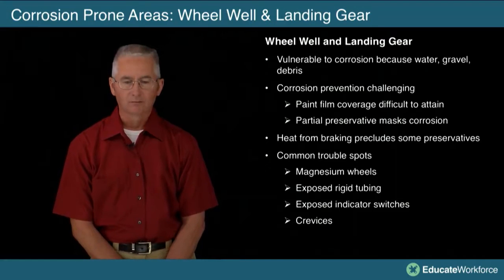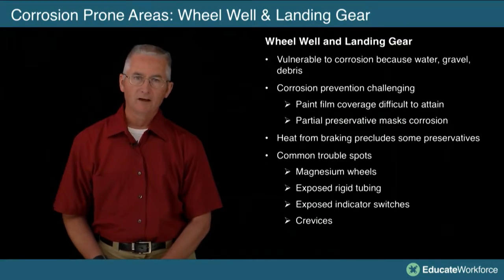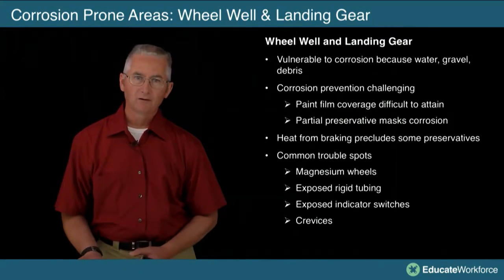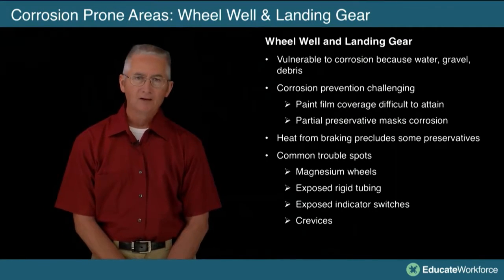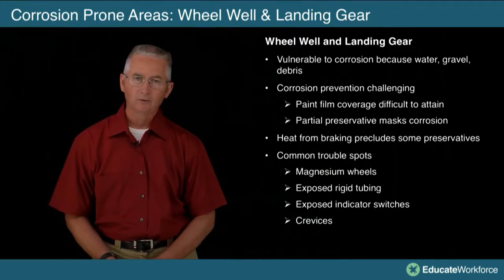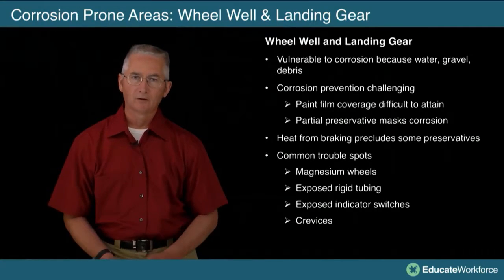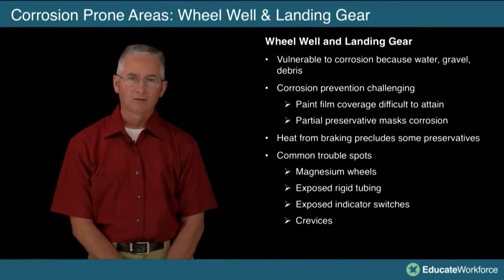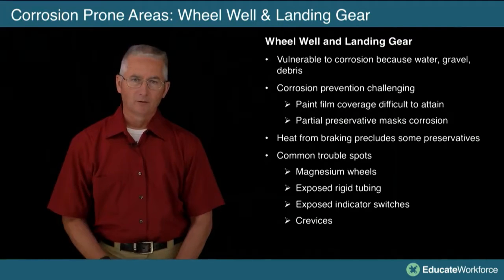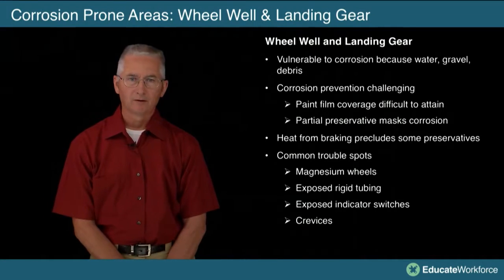That's going to cause corrosion. You've got all your indicator switches. All those switches have electrical wire, which is another electrical path for electrons to flow. That's going to cause corrosion. And then you've just got the crevices that are going to collect water, collect moisture, collect dirt, and it's going to allow that moisture to sit against the airframe and cause corrosion. So again, we'll put that wheel well and the landing gear system up with one of our high corrosion prone areas.